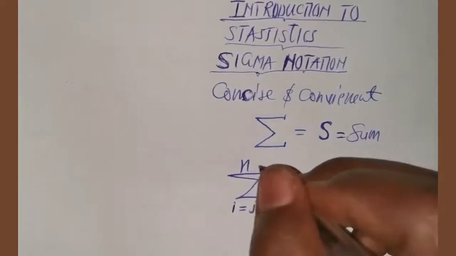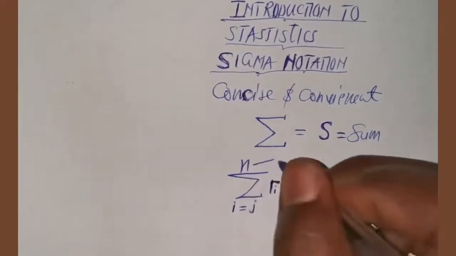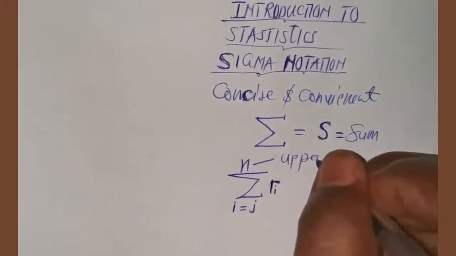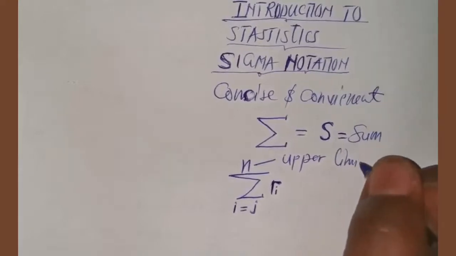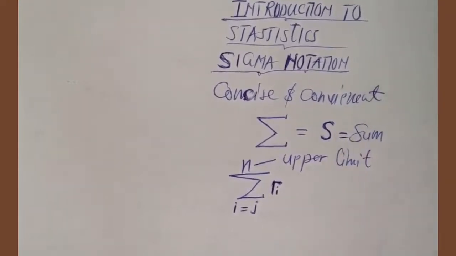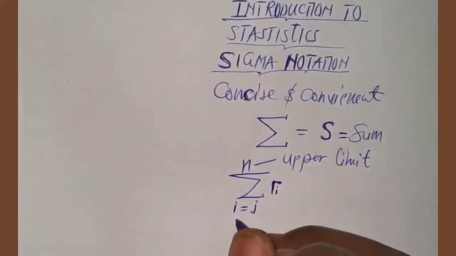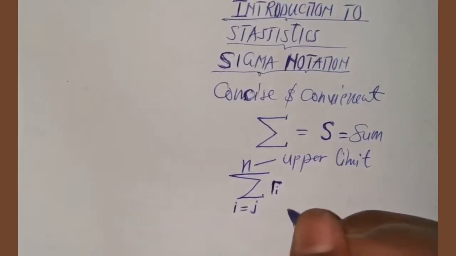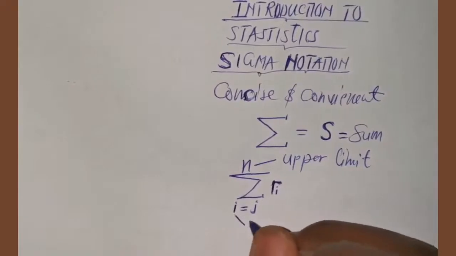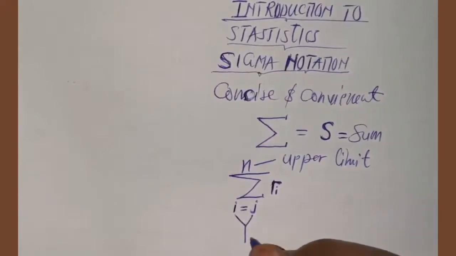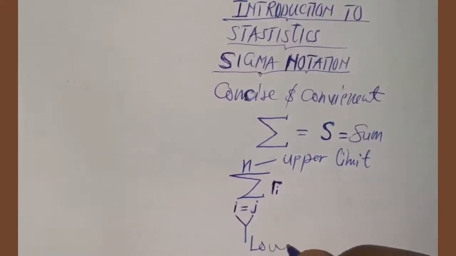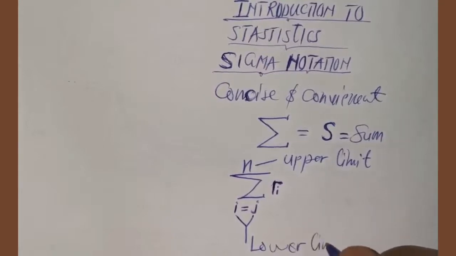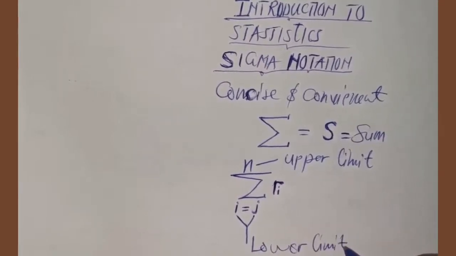We are saying that this n is called the upper limit for the summation, and this i, or the j, is called the lower limit.